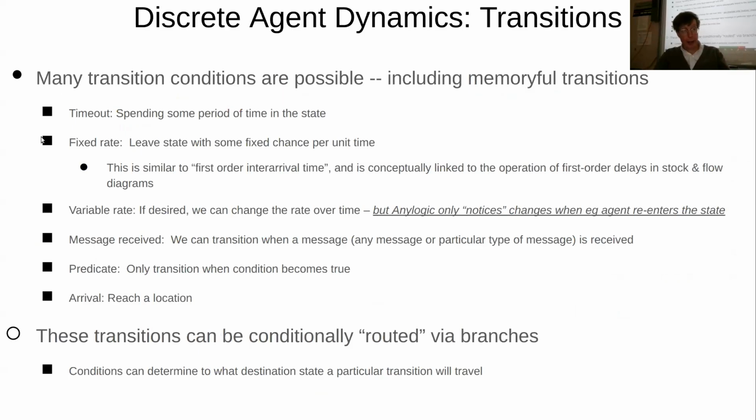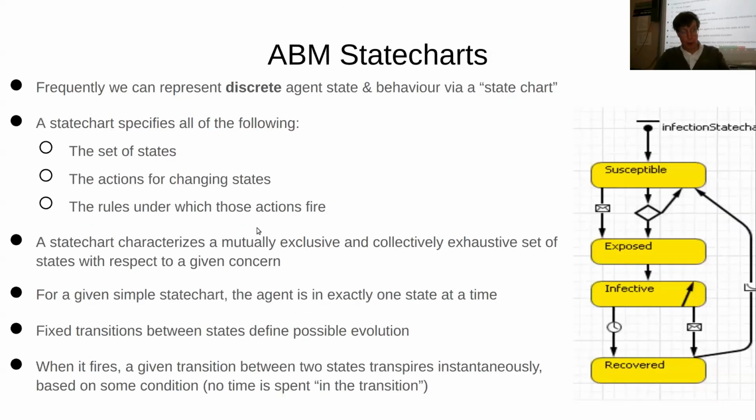Here we have the capacity within a state chart, within one of these transitions, and as evidenced by the different icons you see here, to make use of different types of rules mediating the timing, or indeed the occurrence of an agent down that transition.